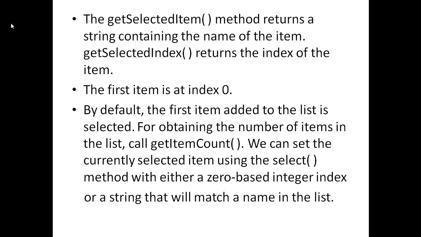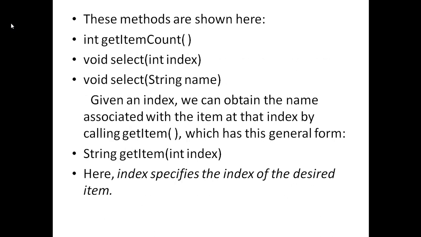We can set the currently selected item using the select method with either a 0 based integer index or a string that will match a name in the list. So these methods we can use with the choice control: getSelectedItem, getSelectedIndex, getItemCount, and the select method.